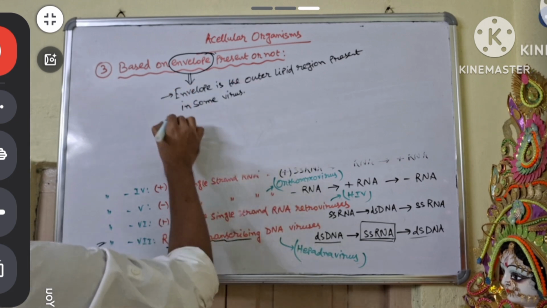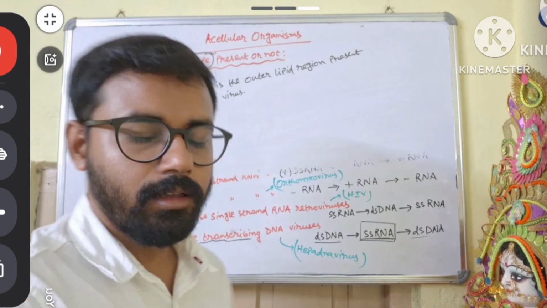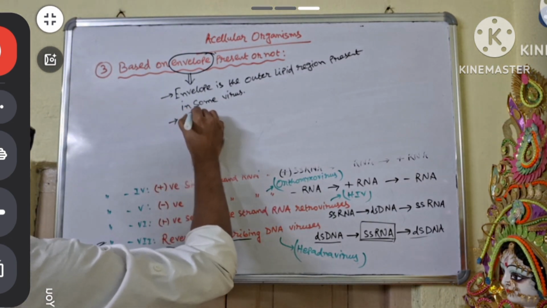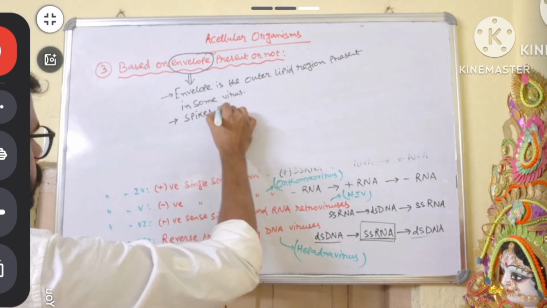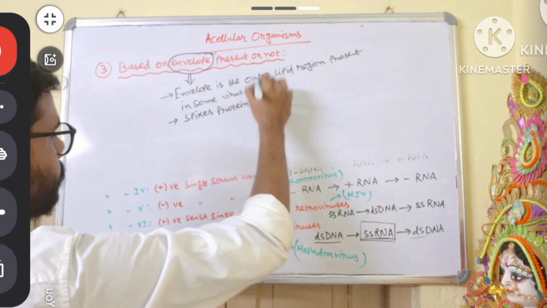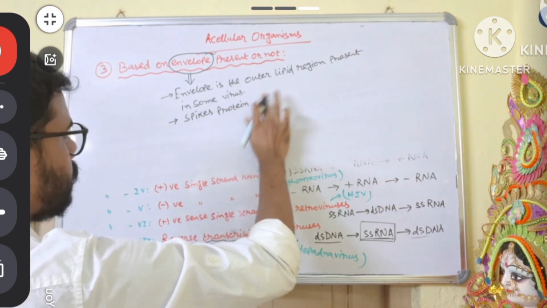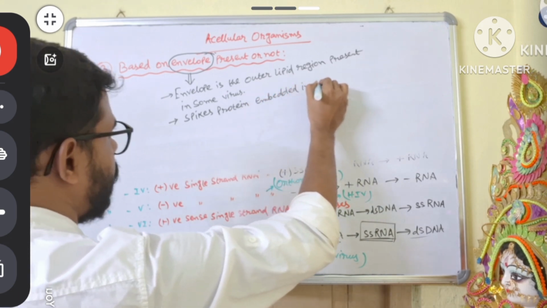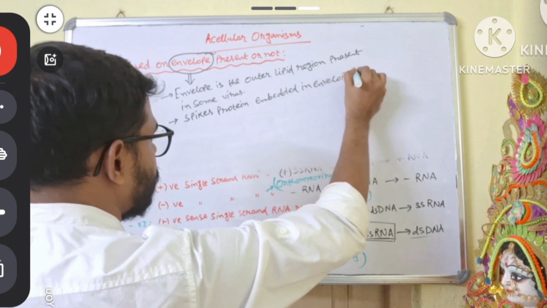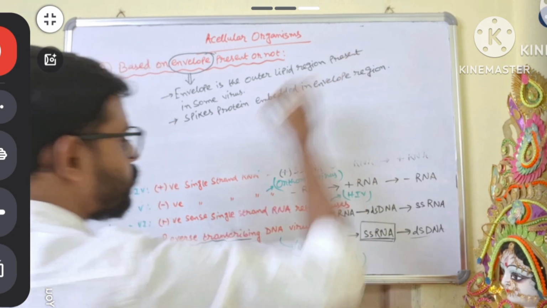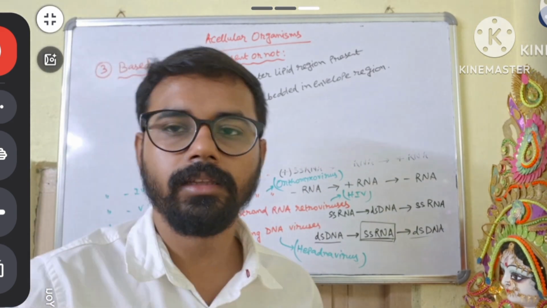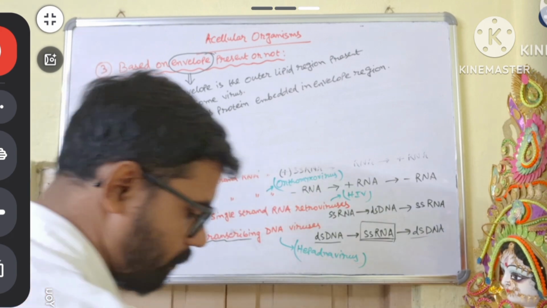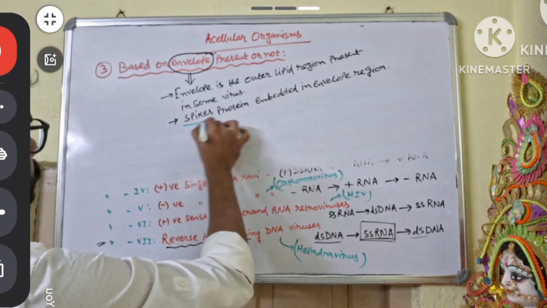And when the envelope is present, these viruses contain some spike protein embedded in the envelope region. So the envelope is the outer lipid portion, and from inside the lipid portion there is some embedded spike protein. And spike protein can be of two types.